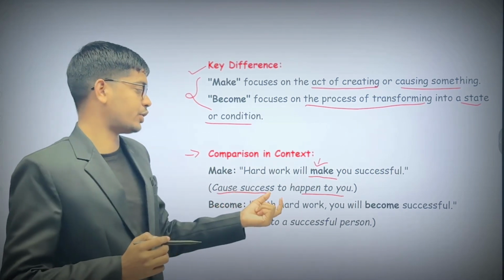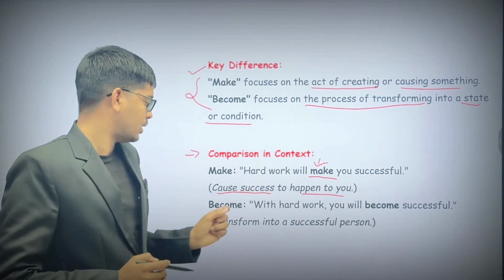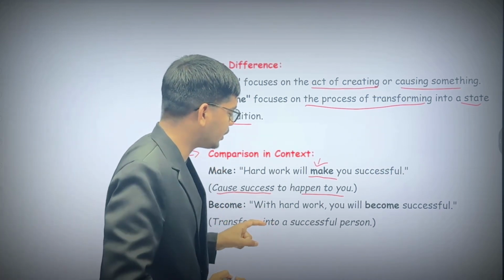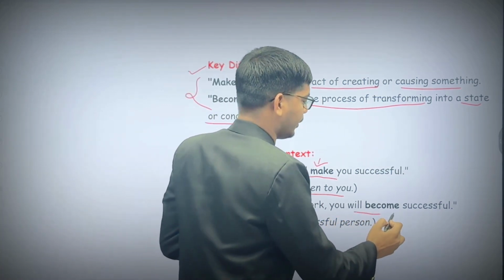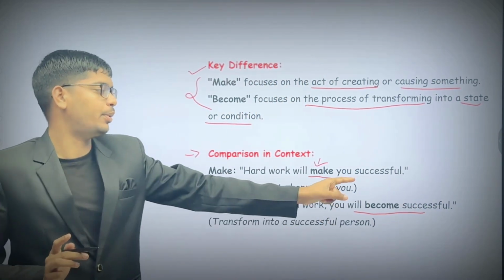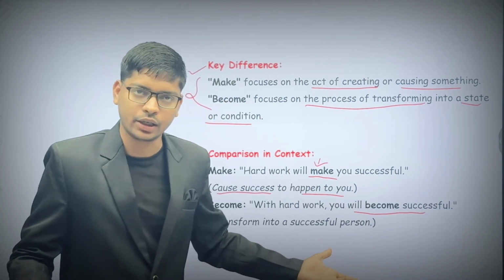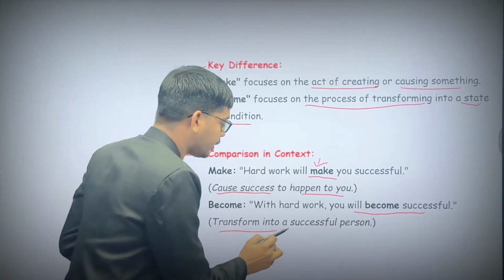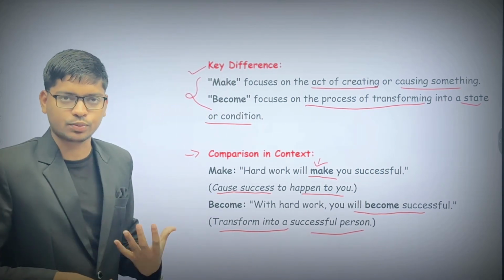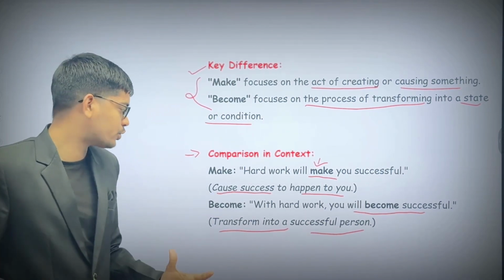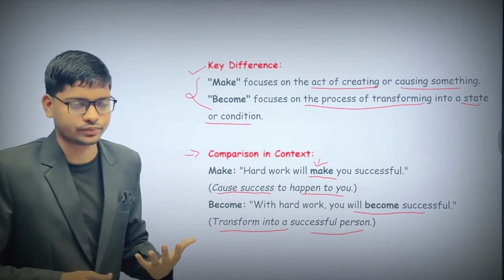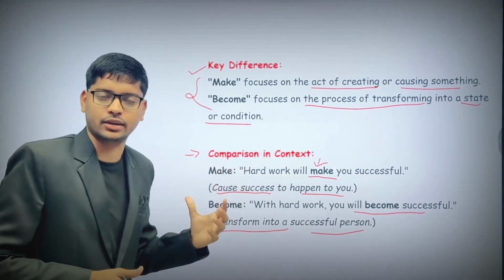Become: with hard work, you will become successful. Here it is a transformation into a successful person. For transformation, we have to use become. To create something or cause something, we have to use make.